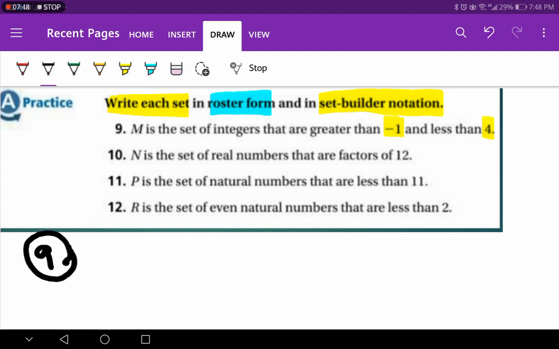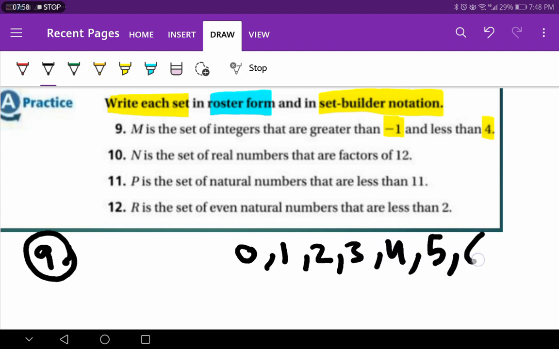It is the numbers that start with 0, and 1, and 2, and 3, and 4, and 5, and 6. Teacher, stop! Stop, because he said less than 4. Oh my God, yes. So less than 4, the numbers are these.